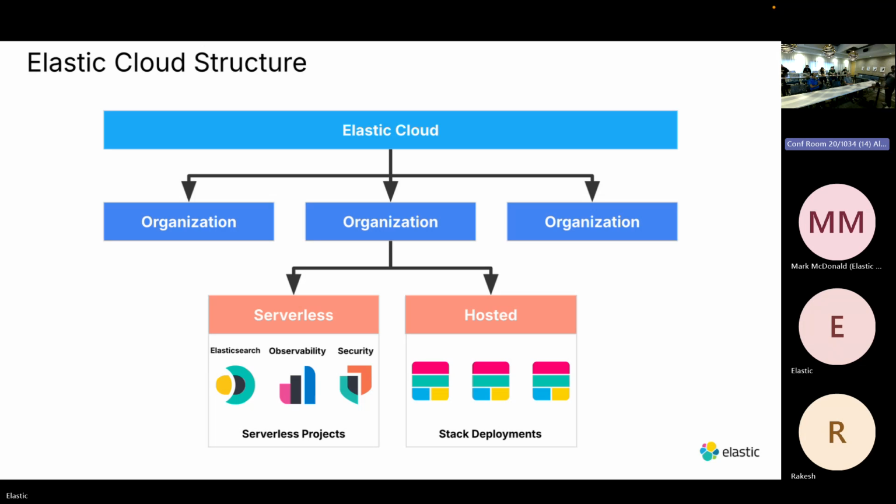On serverless, we broke those silos down, because we realized that customers who use observability products to monitor their applications don't care about the security features, right? Vice versa, customers who are developer focused, who really need to just put up a search bar on their website, don't care about all the observability and security features, right?